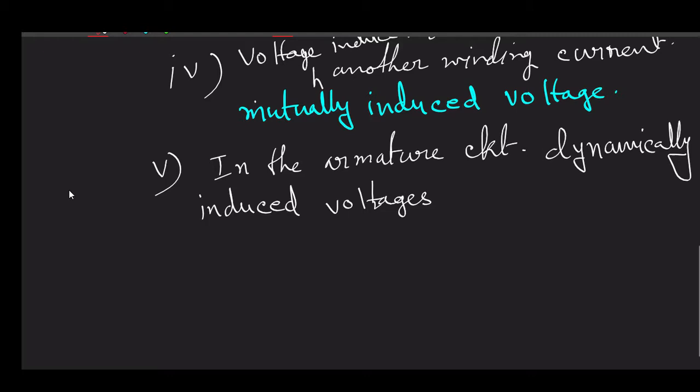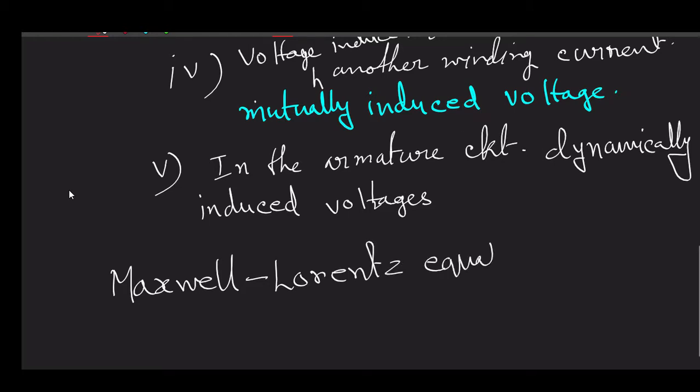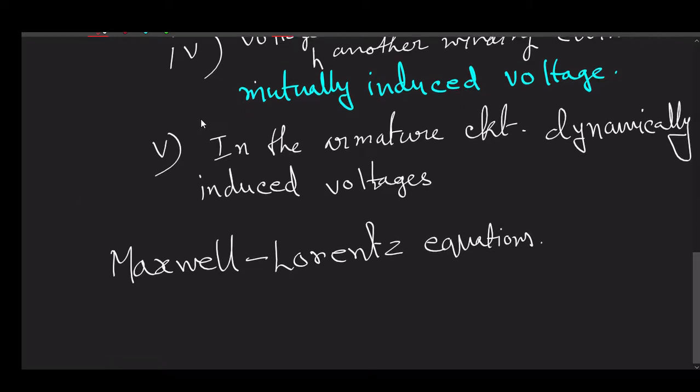So considering this, what we get is often called the Maxwell-Lorentz equations for this simple machine. Let us go to the next page because we have reached the end of that page.